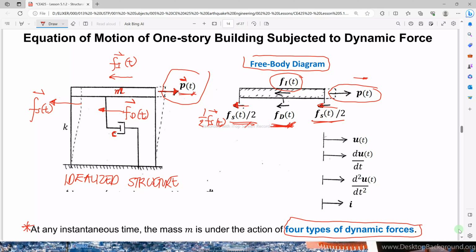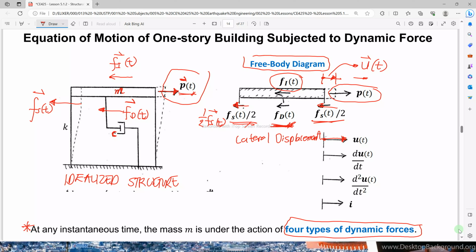So as you can see, the structure is moving. It has a lateral displacement. We forgot our symbol for lateral displacement, it is u of t. So here it has a lateral displacement or deformation.